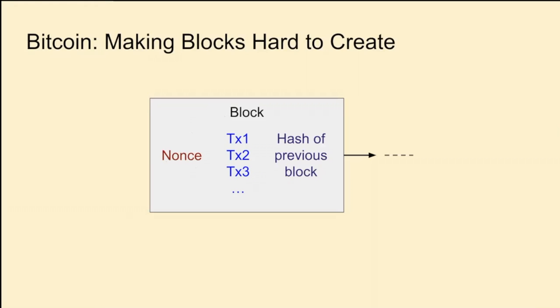And the way this part of the Bitcoin protocol works is that if, over, I think it's about a 2-week window, if over the last 2 weeks blocks have been created at a rate of more than 1 every 10 minutes, then that target value is set lower to make it harder to find a workable nonce. And if the rate of new blocks has fallen to less than 1 block every 10 minutes, the target value can be raised a little bit to make it easier to find nonces. So that's the mechanism that Bitcoin uses to make blocks hard to create.